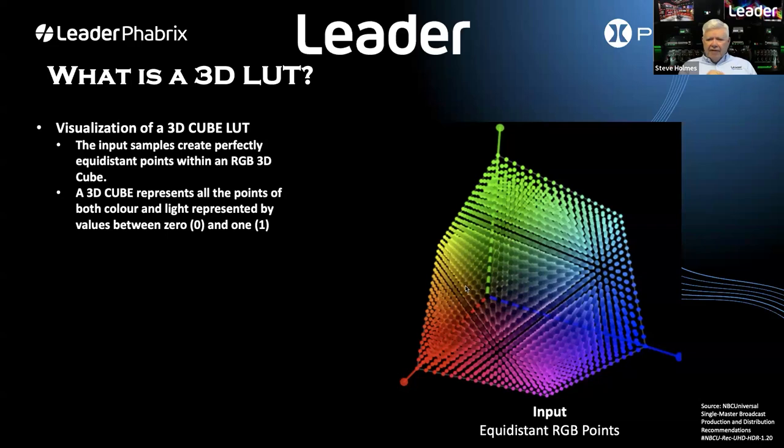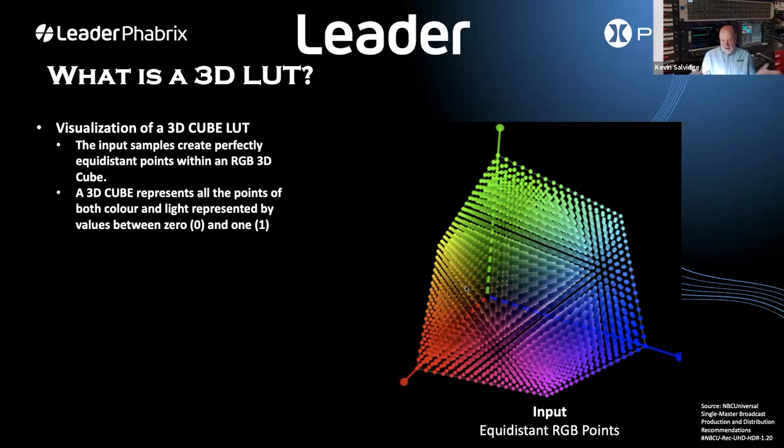So we have a LUT that at least has all of the points for the data that's actually coming into it. So as I said, it starts off here. As I said, the input sample creates a perfectly equidistant point within an RGB 3D cube.